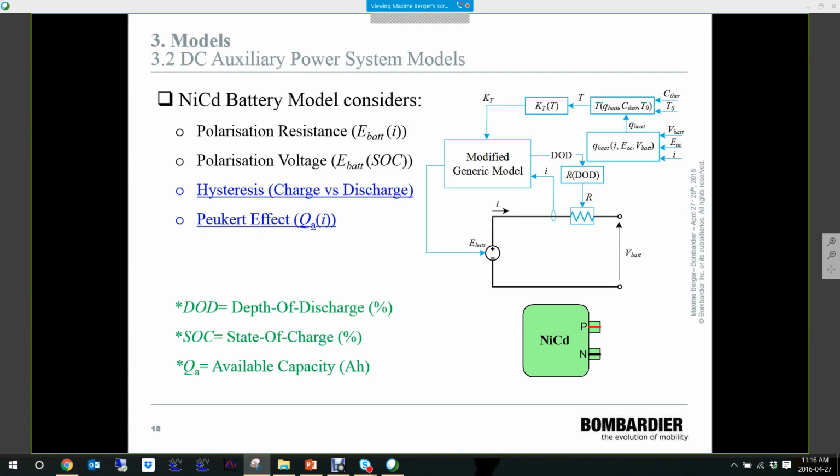It takes into account the Peukert effect, which is the decrease of the battery available capacity as a function of its discharging current. The model also takes into account the temperature effect, which is the decrease of the available capacity as a function of the temperature. And finally, it takes into account the variable internal resistance, which is a function of the depth of discharge of the battery. We'll look at the 4 characteristics that are here in blue.